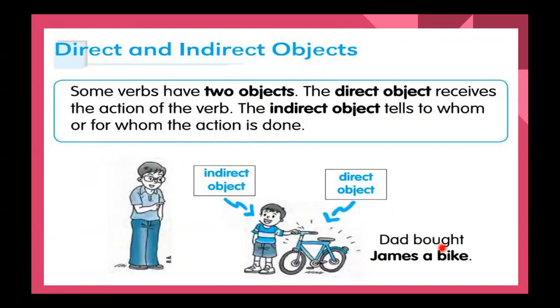Dad bought James a bike. So in here, tell me which is the direct and which is the indirect object. A bike is a direct object. Very good. James is indirect object. Very good.